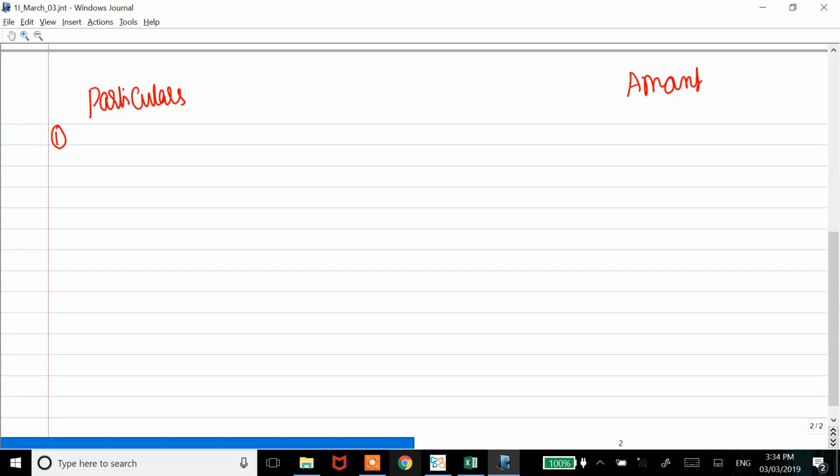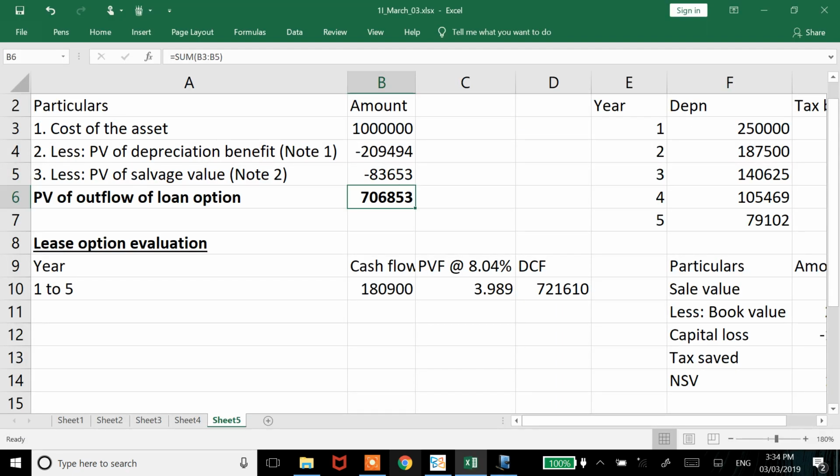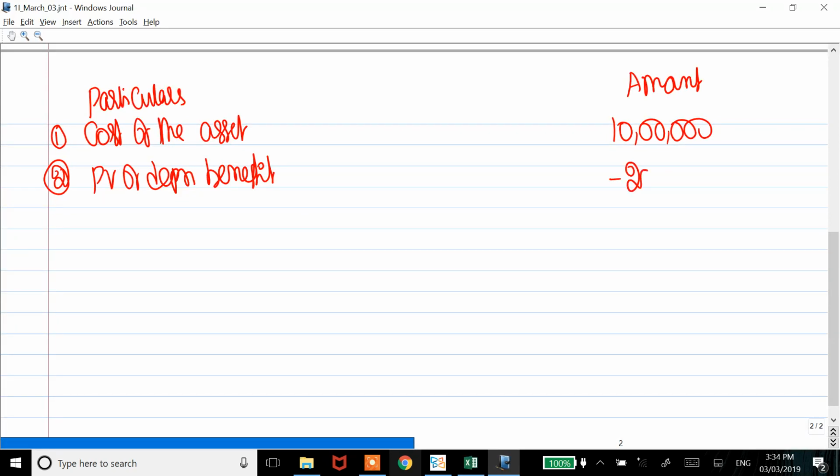Point number 1, cost of the asset: $10 lakhs. Present value of depreciation benefit, minus 209,494.